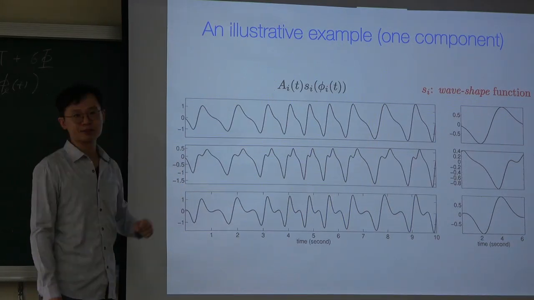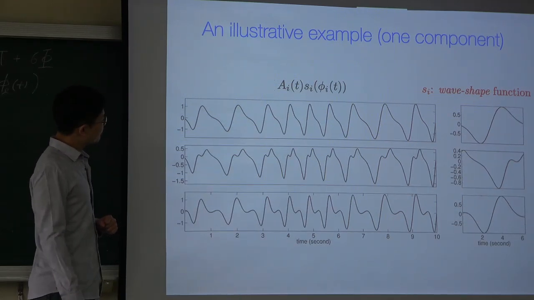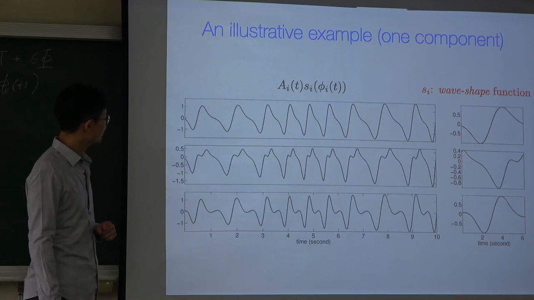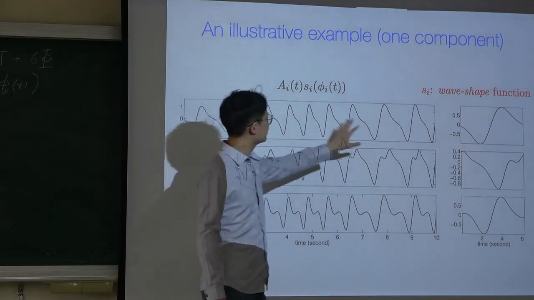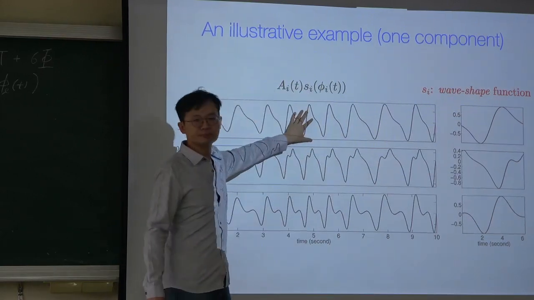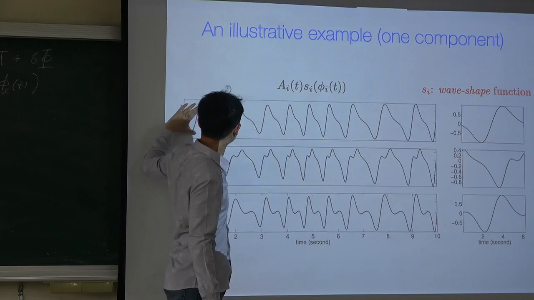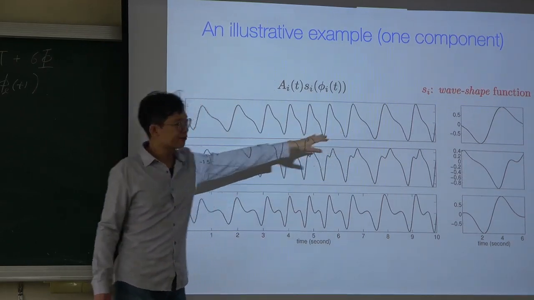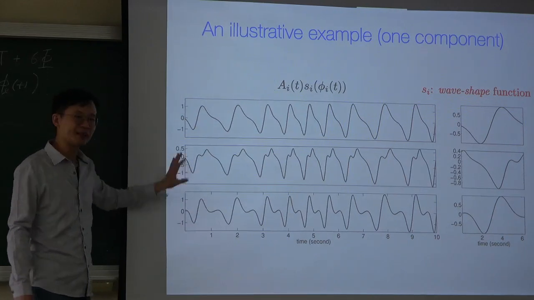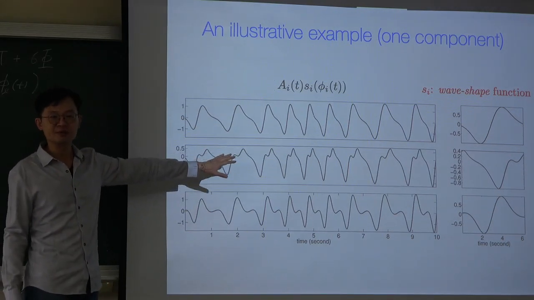And this is an illustrative example with one component. If you pay attention, you will see the signal oscillates slowly in the beginning and in the end, and faster in the middle. But the amplitude modulation is small in the beginning, but large in the end. If you just focus on these three signals, that is the common ingredient. You don't need mathematics, you just need your eyes.